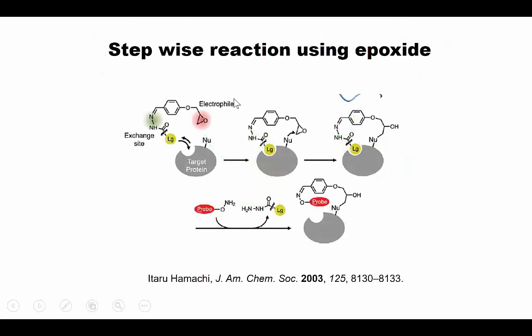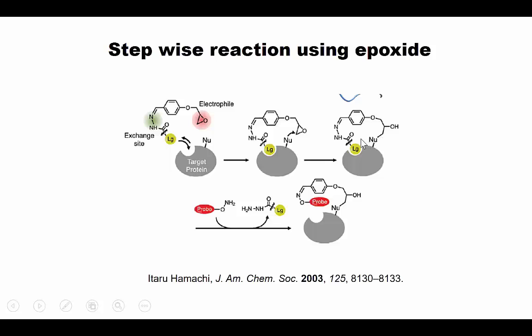A different type of electrophile is also possible to use. Let's say this is a small molecule which binds to the target protein, and it is connected to this epoxide. Then this binding induces a very close location of this molecule, and a nearby nucleophile can attack this epoxide and make covalent binding.